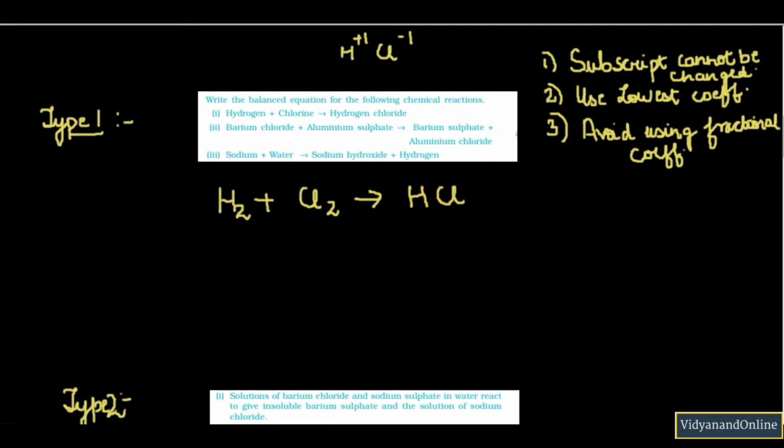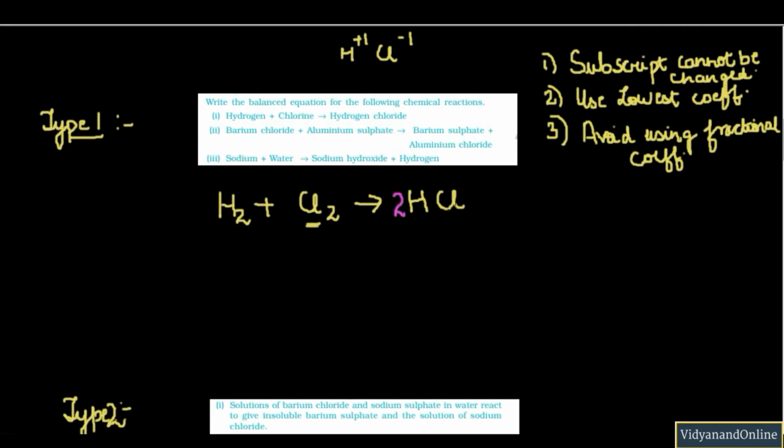Now as per the clues, number 1, we need to see for the metal. Is there any metal out here? No. Then we look for non-metals apart from gases like hydrogen gas or oxygen gas. So we have chlorine here, and we will try to balance this chlorine. This is Cl2, so if we put 2 here, then the chlorine will be balanced, because now here also the chlorine has 2 atoms. You cannot change the subscript; you cannot put 2 here in order to balance chlorine.